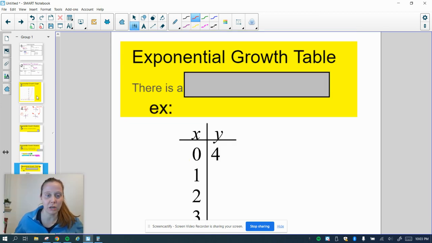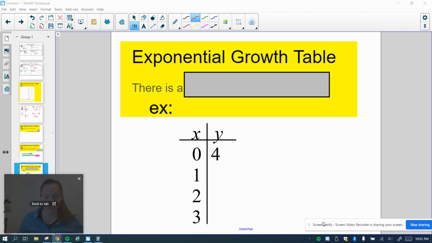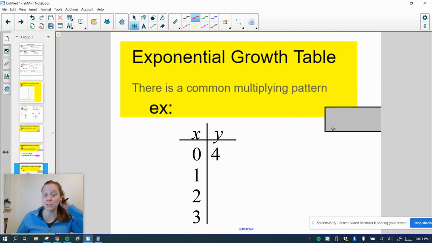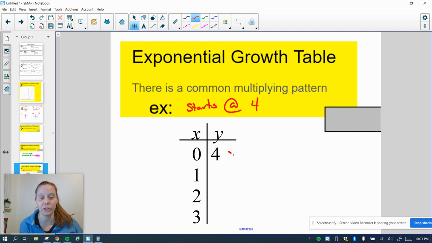The other thing we talked about was an exponential growth table. When we look at an exponential growth table, what kind of pattern are we noticing with our numbers? Awesome. We have a common multiplying pattern. For example, this one starts at 4. The common multiplying pattern that we're going to use is times 3.